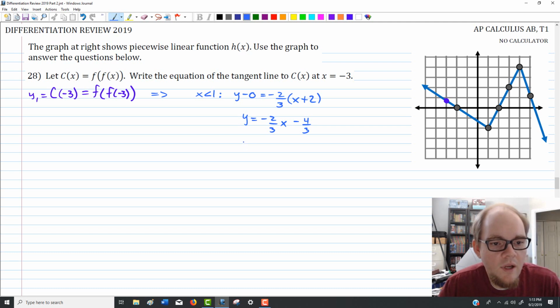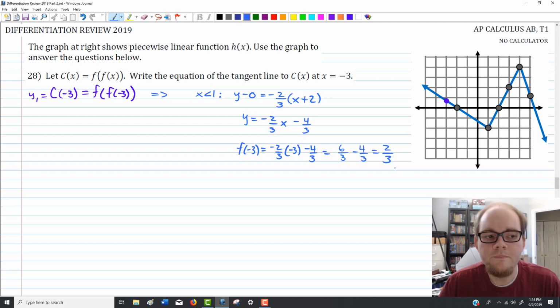And now we specifically want to get what happens at x equals -3. So in our case, f of -3 is equal to -2/3 times -3 minus 4/3, which is going to be 6/3 minus 4/3, or 2/3.